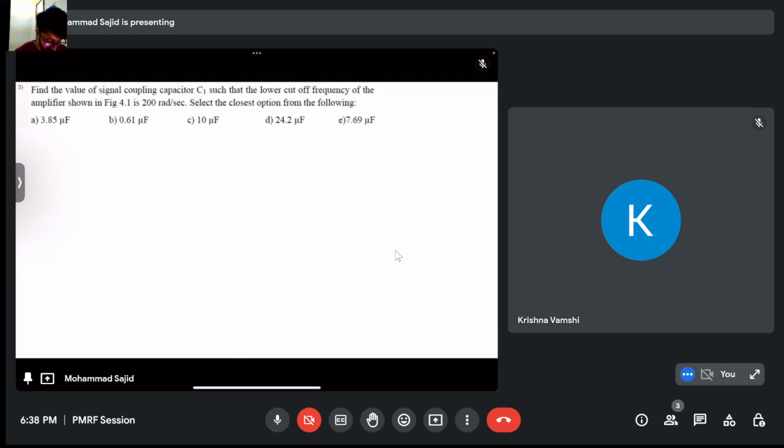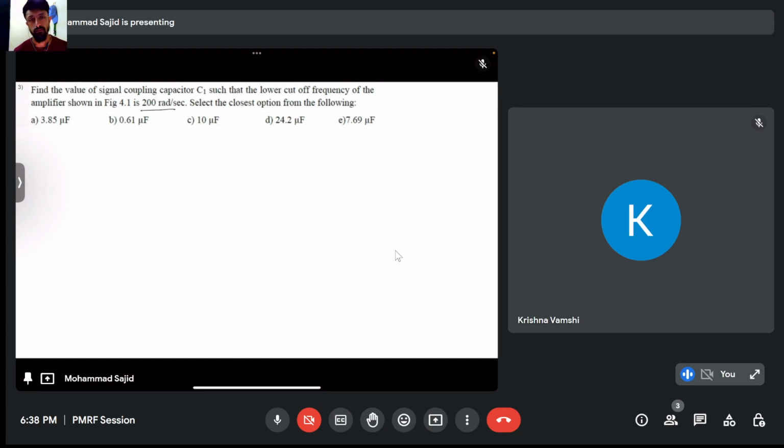Okay. Now next. What is the next question? Find the value of signal coupling capacitor C1 such that the lower cutoff frequency of the amplifier is 200 radian per second. Radian per second is the unit of omega, and hertz is the unit of frequency. So omega is given to us.